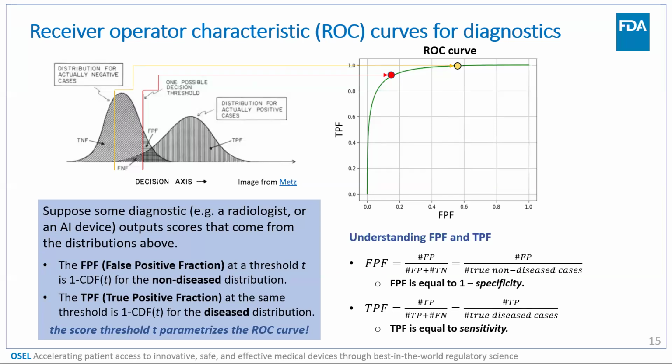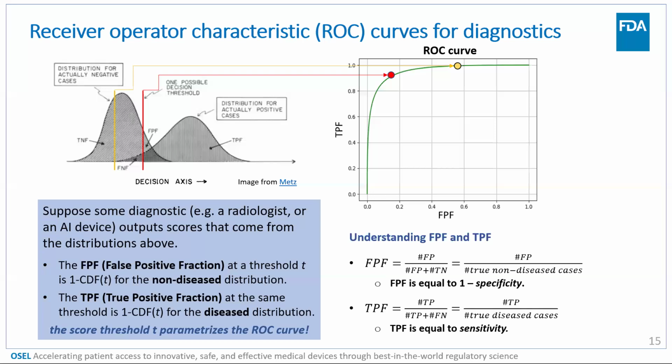So maybe they're outputting scores that represent kind of confidence in whether or not an image is cancerous. And so let's say we can model those output scores via these normal distributions, where the distribution on the left is for true non-diseased patients, and the distribution on the right is for true diseased patients.